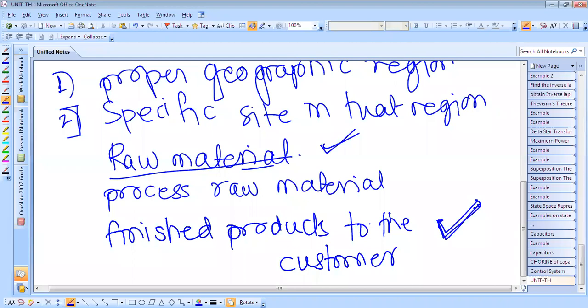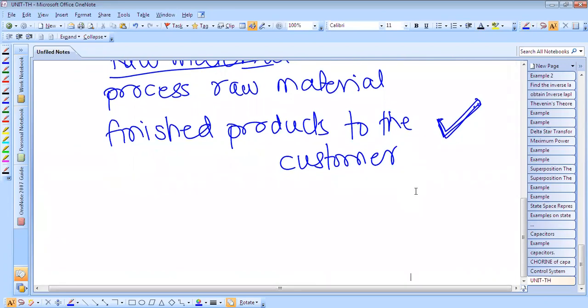Hardly any location can be considered ideal or perfect, because sometimes our plant location is very near to the raw material, but it is far away from the market. Sometimes the market is very near to your plant, but the raw material required for your organization has to be brought from a very long distance.